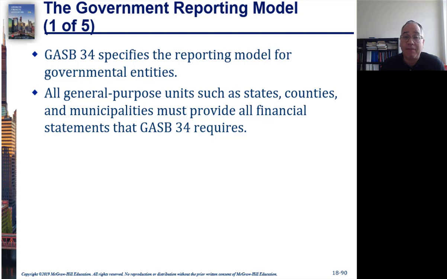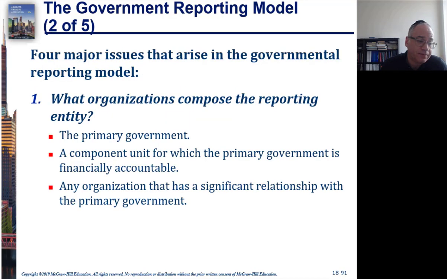In New Jersey, the state does report government-wide financial statements in accordance with GASB GAAP, but counties and municipalities do not have to. If they choose to, I don't know any that do. If they choose to, that's great, but they don't have to.